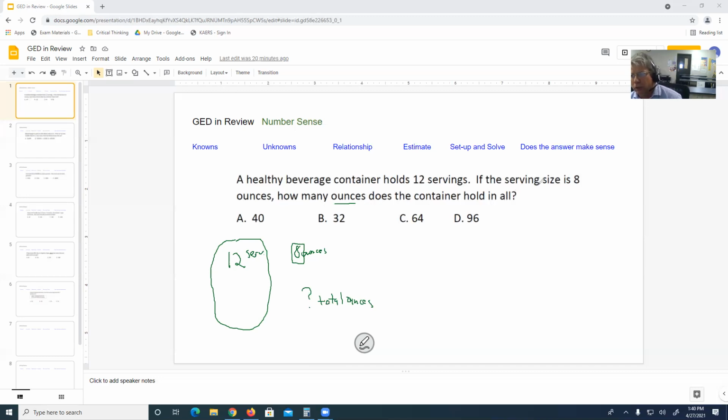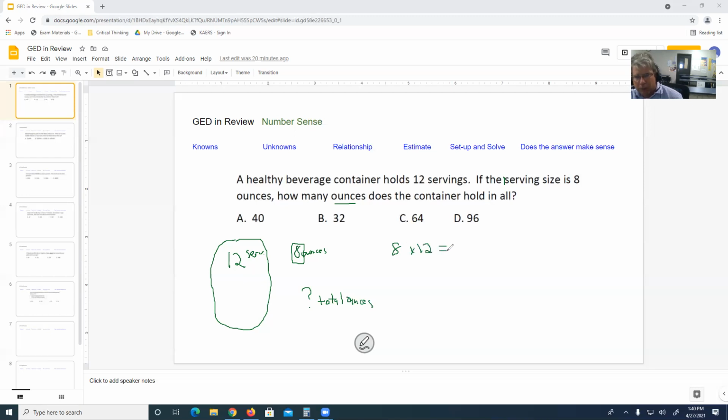The key here, though, is they don't really say it, but the serving size means one serving. So what I pick up on is if one serving is 8 ounces, and there's 12 servings, the relationship is I'm going to just multiply 8 times 12, and that's going to tell me my total amount.